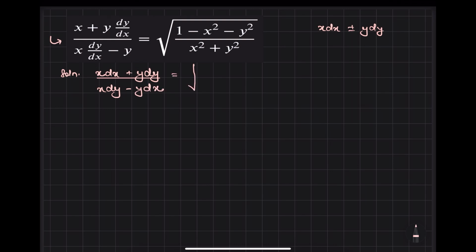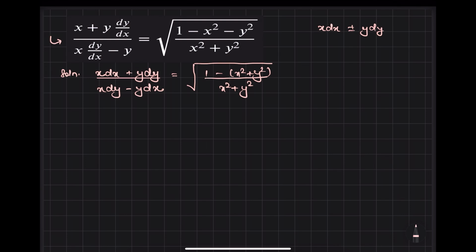So look at this, you have x dx plus or minus y dy, correct? Now look at this, how I will respond. You know that if we have x dx plus y dy, then we will be using sine and cos, correct?